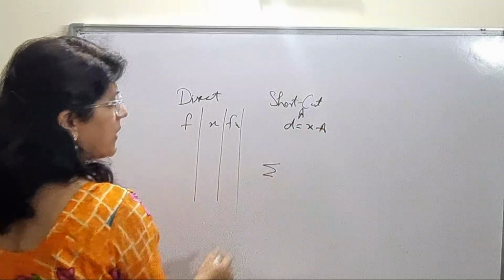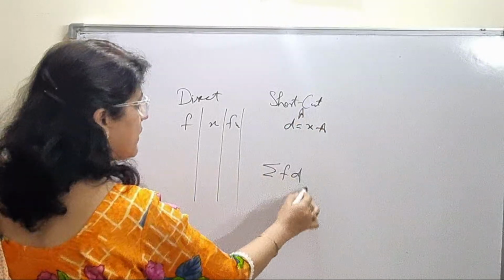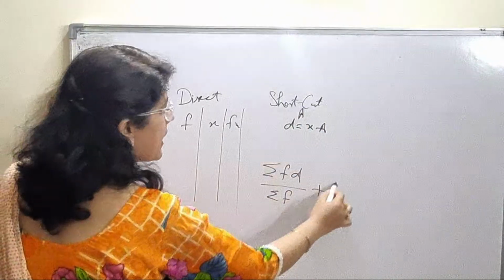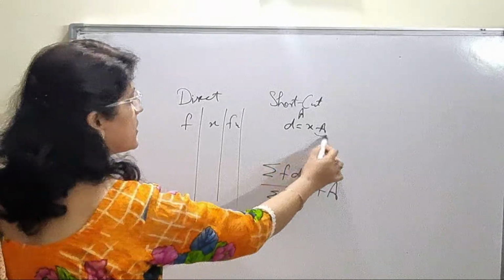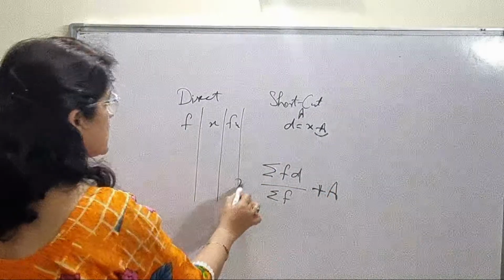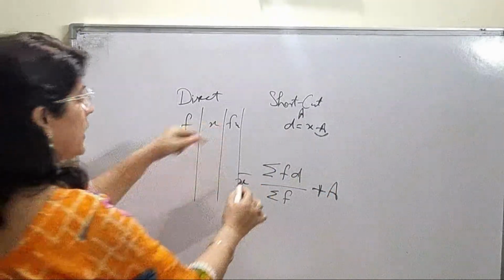At the end, we calculate sigma fd divided by sigma f, and don't forget to add this a at the end of your answer. If you subtract something at the start, you need to add this a at the end. So this is our mean in the case of the shortcut method.